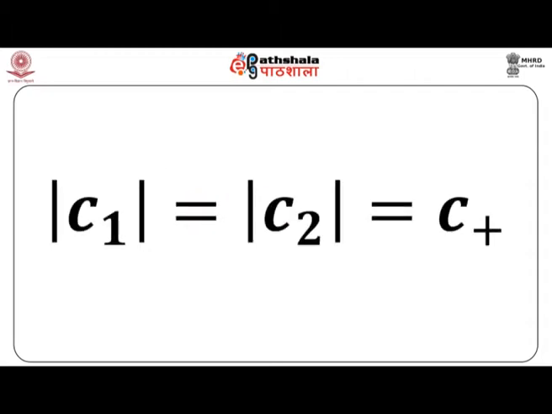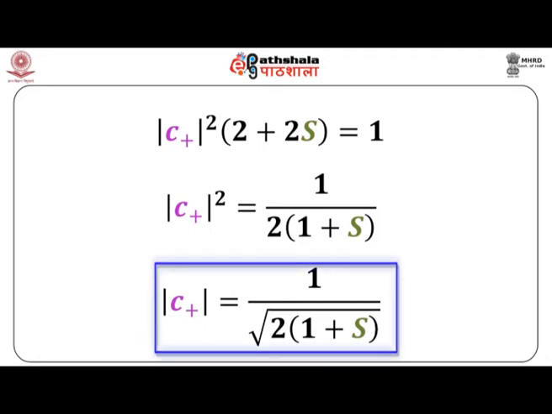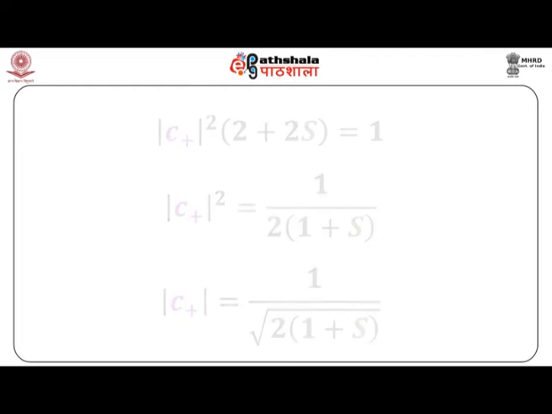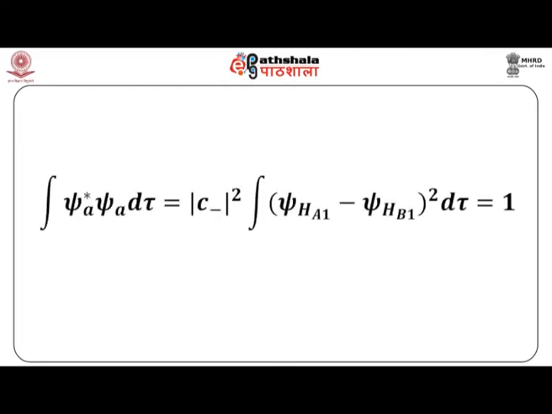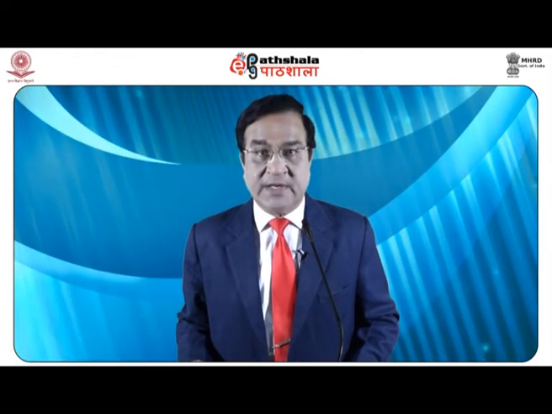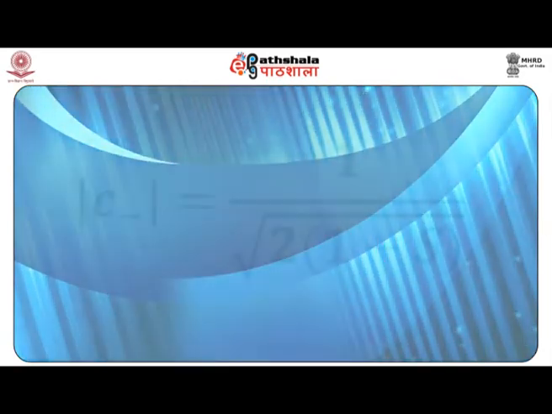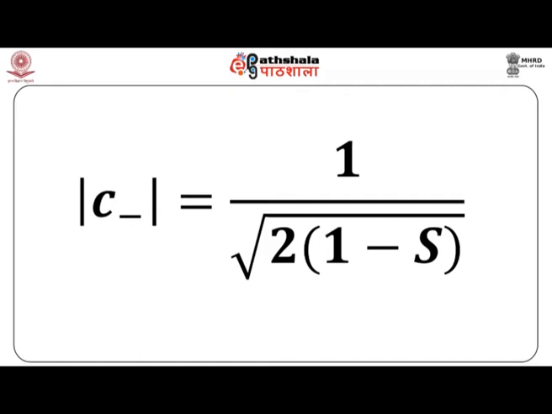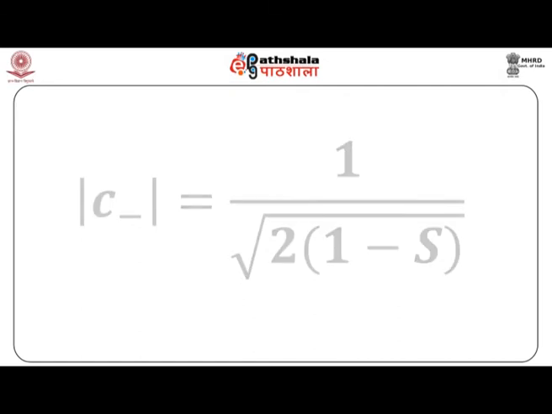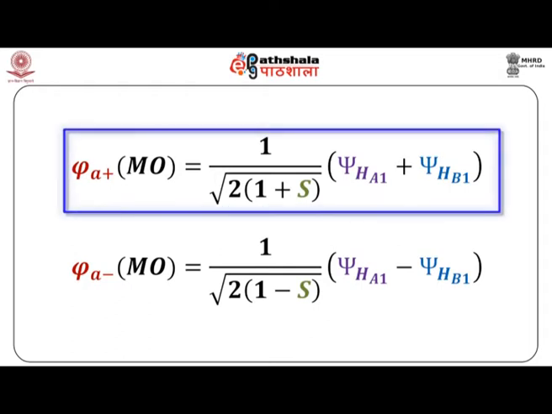When we take the additive combination, the value of the coefficient comes out to be 1 upon root of 2 into 1 plus S. And once we take the negative combination and apply the normalization condition, because one thing you should remember, the molecular orbital, whether it is bonding or anti-bonding, represents a wave function and must be normalized, we get the corresponding coefficient, which is 1 upon root of 2 into 1 minus S. And therefore our two molecular orbitals become: phi A plus, the bonding molecular orbital, is given by 1 upon root of 2 into 1 plus S, times psi HA1 plus psi HB1.